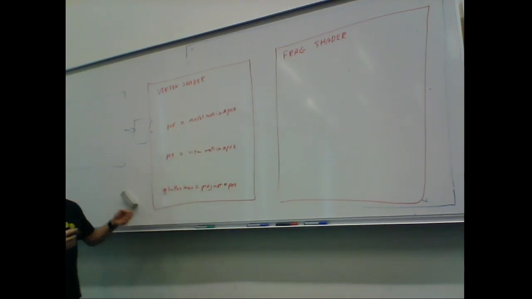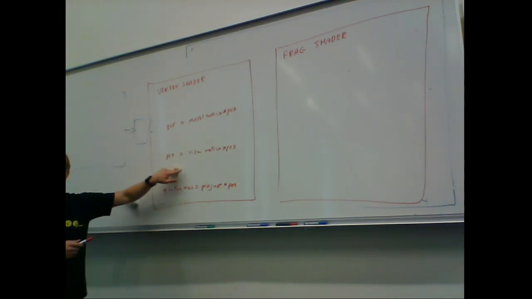Okay, so we have lines like this. Where did you calculate your distance? After the view matrix. After the view matrix, so in eye coordinates.